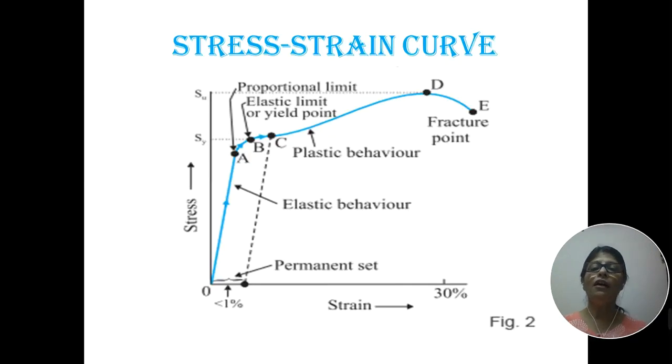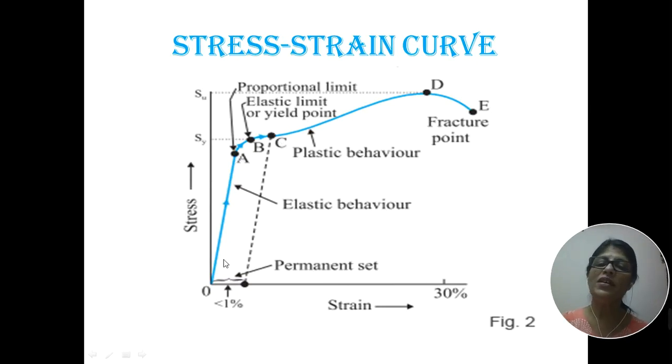Now when you put the stress and strain on a graph, you get interesting findings. There are various points which are shown in this diagram, which we will be discussing in detail. Okay. Now you will find different points. Now the first point is A, which is the proportional limit.